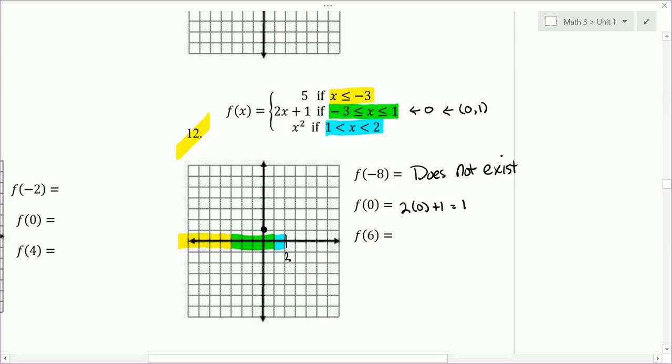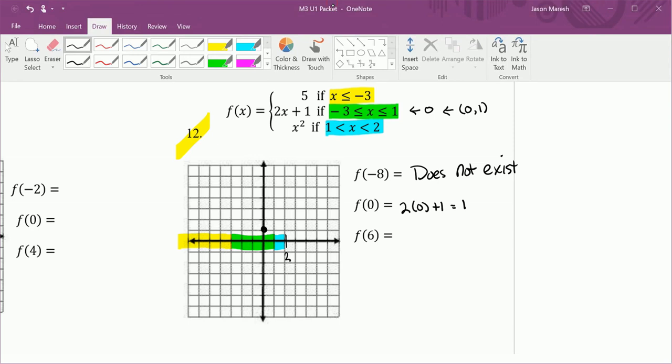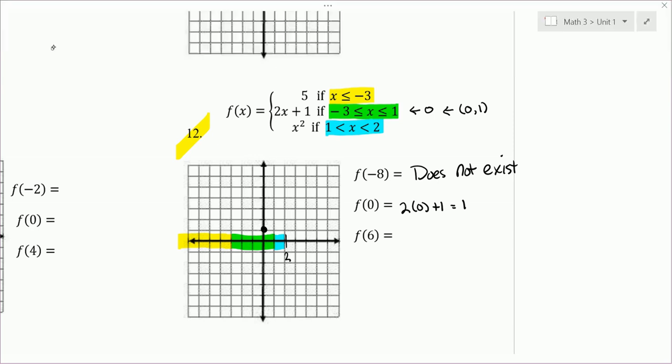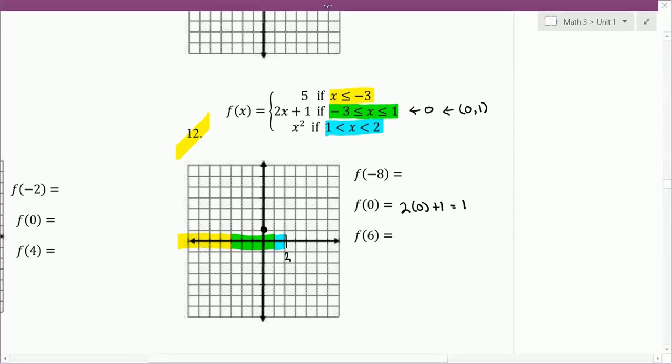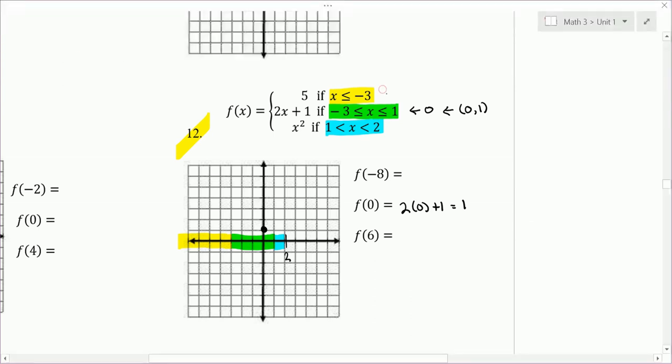6. Oh, I am reading this wrong. I apologize. I read negative 8 as 8. Mixing stuff up. Negative 8 is on the graph. Positive 8 is not. That's how I was reading it. But negative 8 is. Negative 8 belongs in the first category. And anything in the first category is equal to 5.